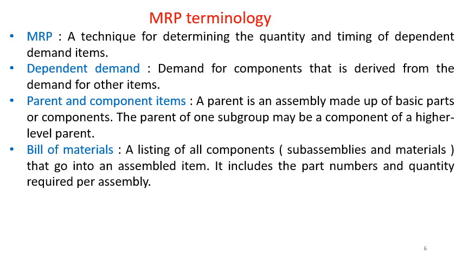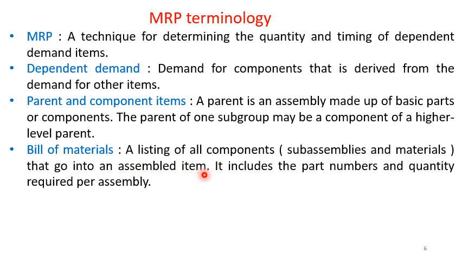For example, for one unit of a laptop, the listing of all the components, sub-assemblies and materials that go into an assembled laptop will be put in the form of a document or a list, which will include the part numbers as well as the quantity required per assembly. So the bill of materials refers to a listing of all components, sub-assemblies and materials that will go into an assembled item.